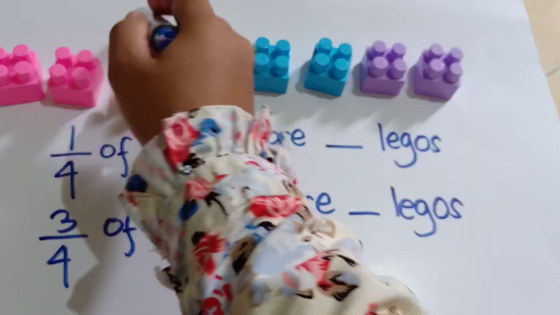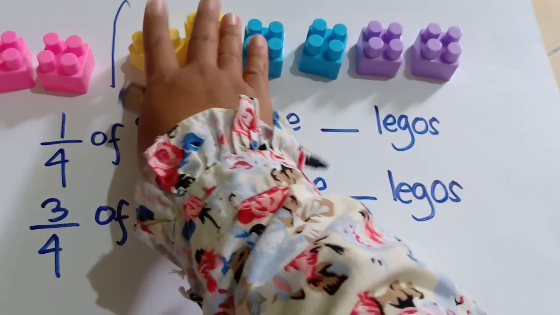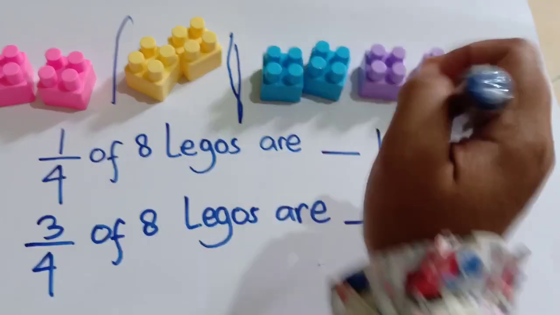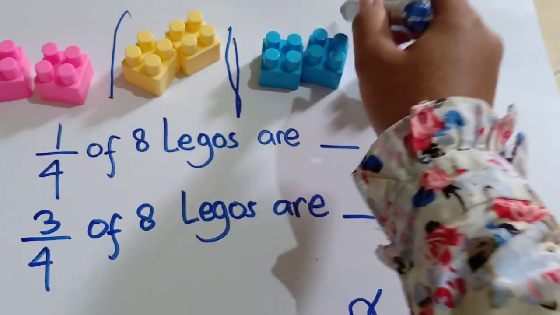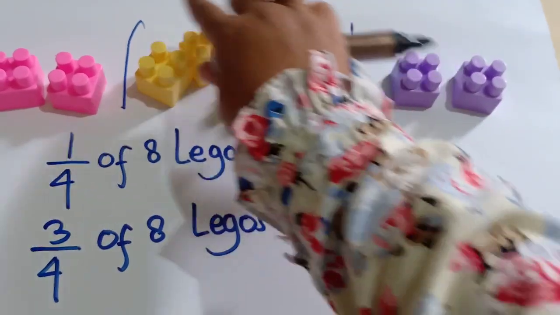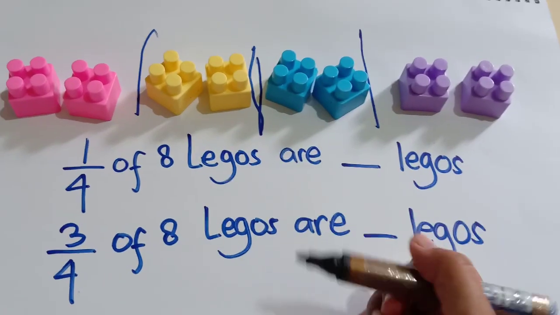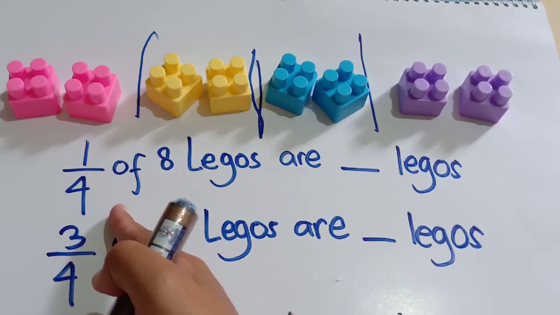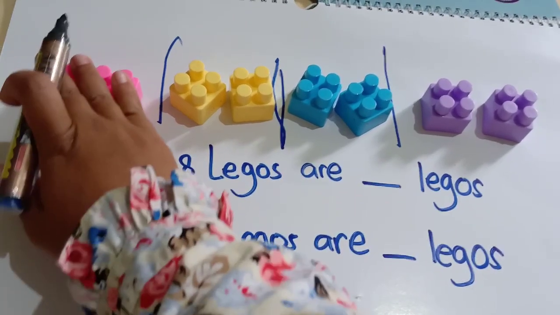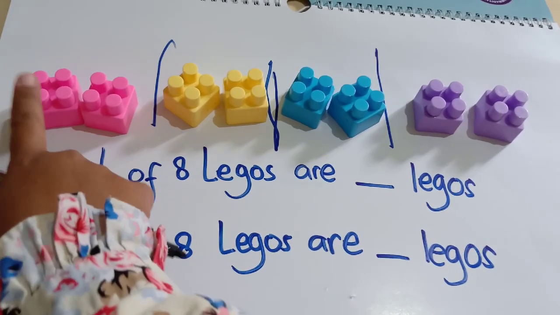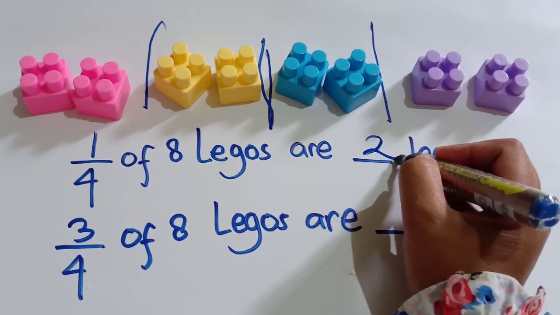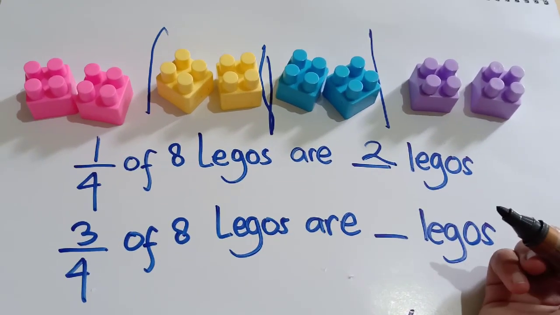One group here, the second group here, and then the third group here, and this is the fourth group. Now you can directly count. 1/4 of 8 Legos, the question only asks for one part. So the answer is 2 Legos. That's correct.